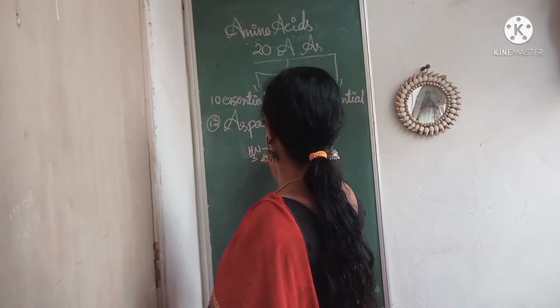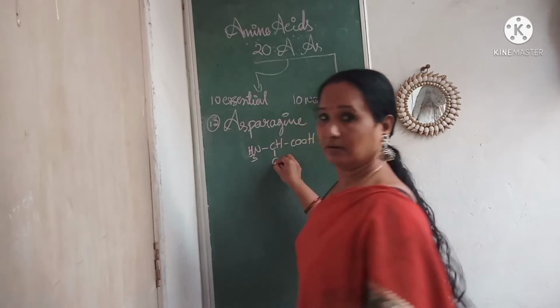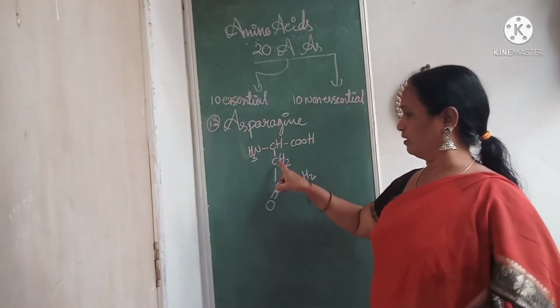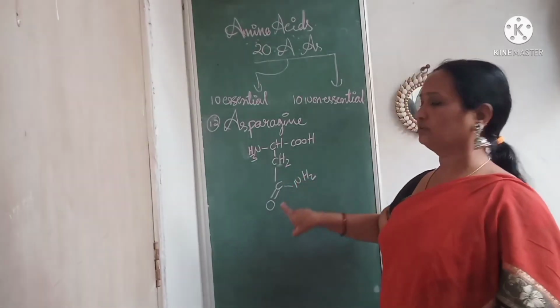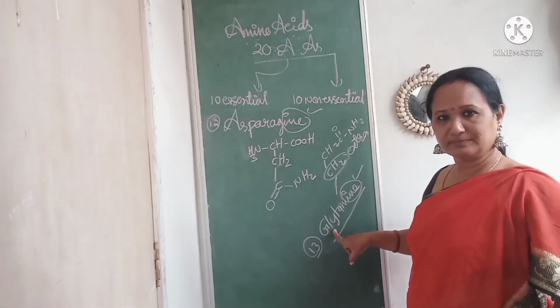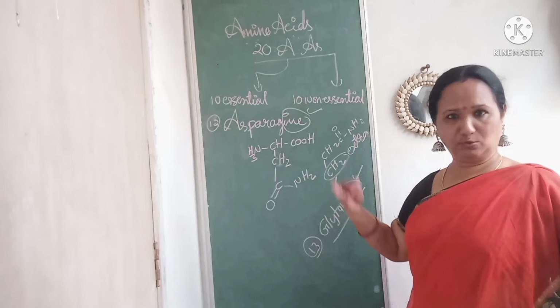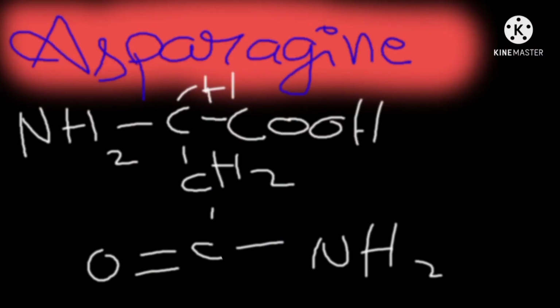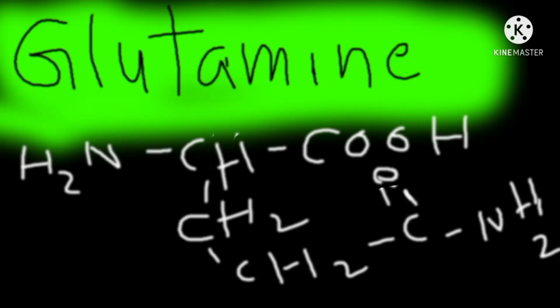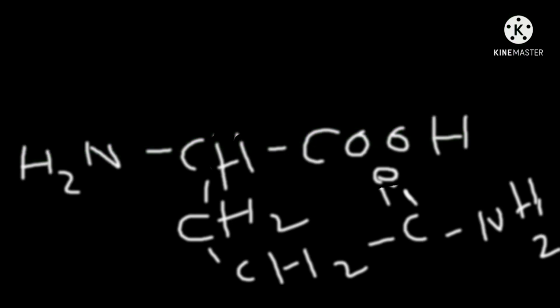When we compare asparagine and glutamine, there is only one change: a CH2 group is added to glutamine. Having amino groups, these are basic in nature and both are polar. Since more amino groups are added in asparagine, the basicity increases, and in glutamine also, with one extra CH2.